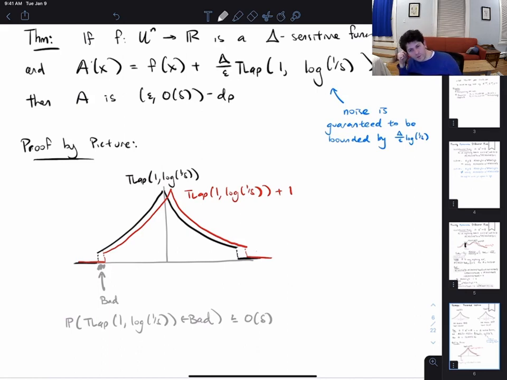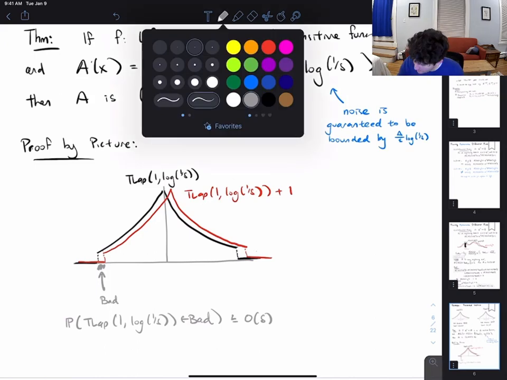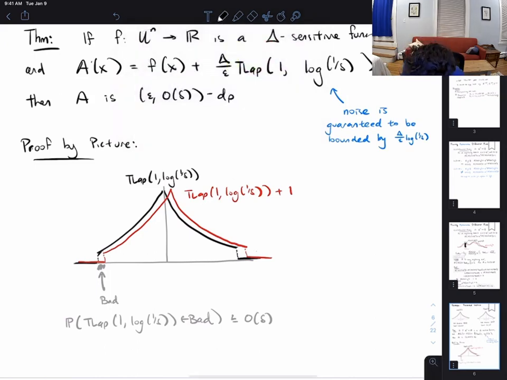But because of the way we chose the truncation parameter, about log 1 over delta, the probability of landing in that region, the mass of this little black area, is going to be small. That's the gist of the proof.